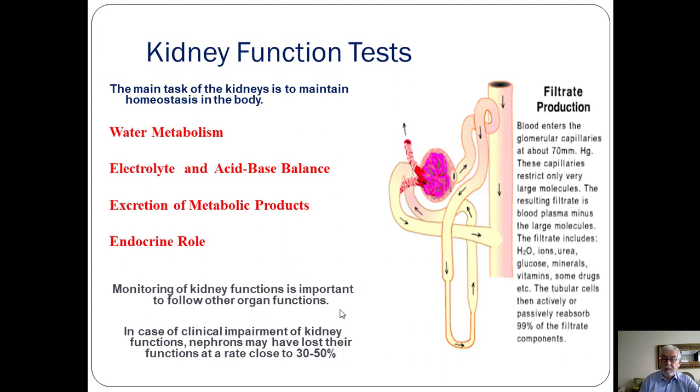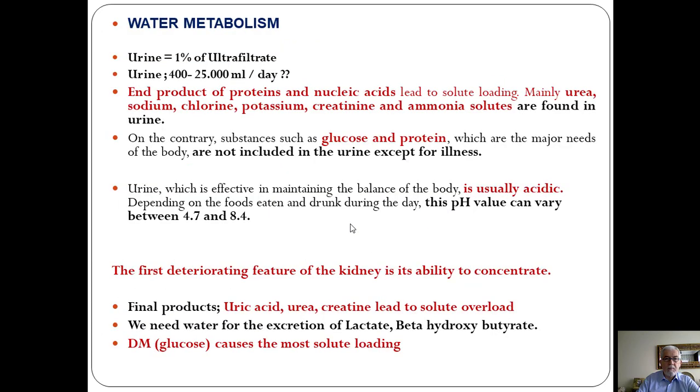The tubular cells then actively or passively reabsorb 99% of these filtrate components. For this reason, the kidney has two main roles. First is filtration, and the other is reabsorption, which controls and maintains homeostasis in the body.